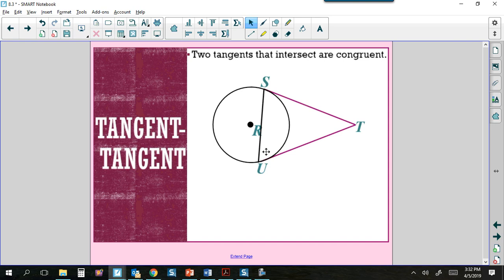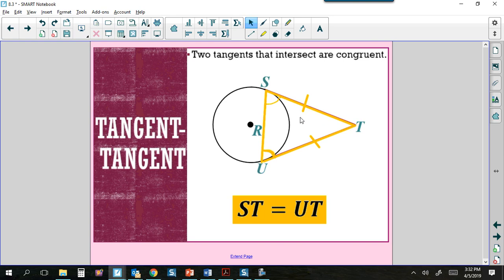I know that this angle would be exactly the same because it's intercepting the same arc, making these two angles congruent, making this an isosceles triangle. These are the two congruent sides in that isosceles triangle. So two tangents that intersect outside the circle are congruent to each other. So you just set them equal and solve.